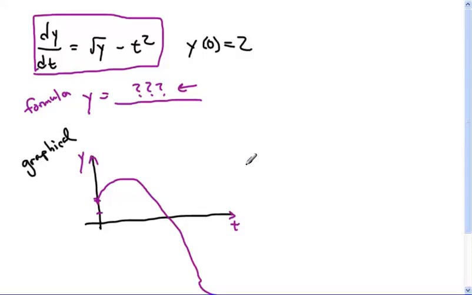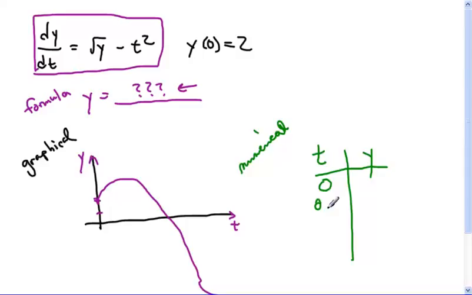But we can also do, through methods you will eventually learn, a numerical solution. So that's where we'll just grind out actual numbers for t and for y. And I've done this, and again, you will learn how to do this in a second, but I'm just trying to show you what answers would look like.